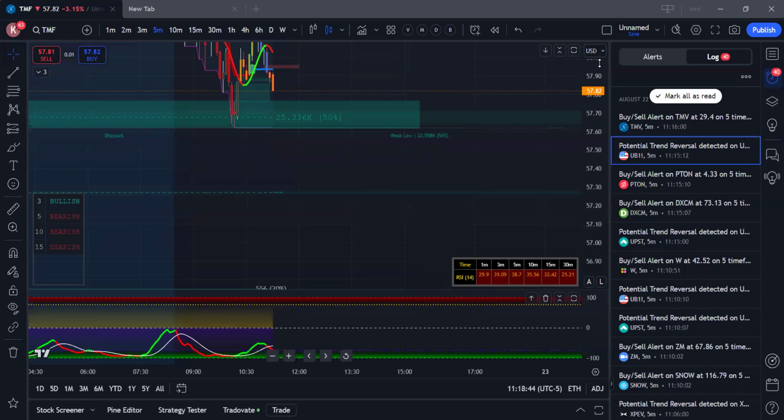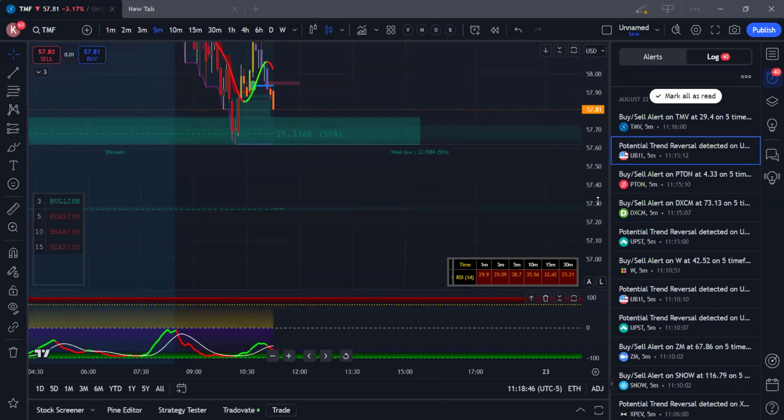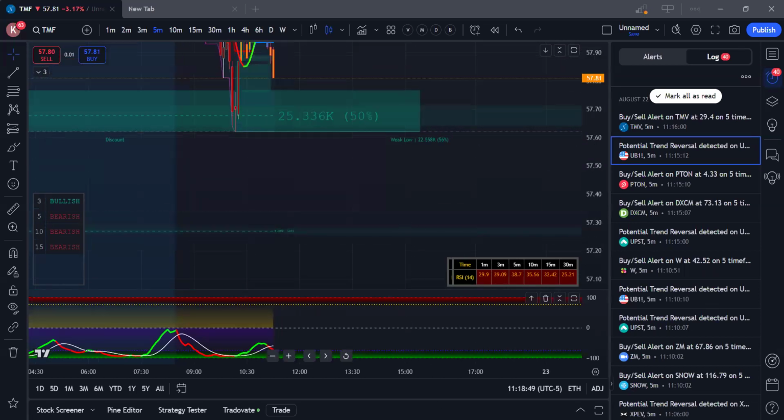We should have got the puts. Yeah, we can enter TMF puts.